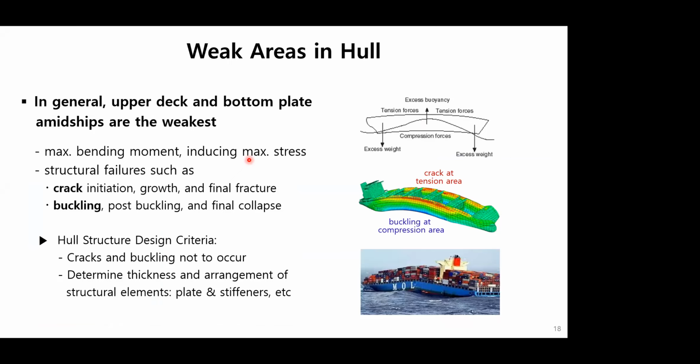Next topic is weak areas in ship structures. As you know, in the human body, which part do you think is the weakest? It varies a lot from person to person, but we may think that the waist in our back is the part where we feel many troubles, especially as we get old.